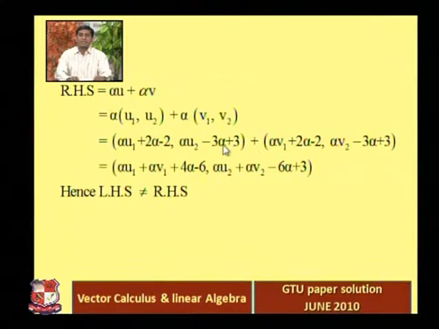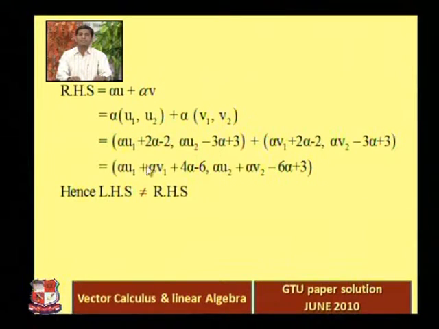And then by the definition of addition, second coordinate plus second coordinate minus 3. So you will get alpha u2 plus alpha v2 minus 3 alpha minus 3 alpha, that will become minus 6 alpha, plus 3 minus 3. So 3 minus 3 cancel out and only 3 remains. So alpha u2 plus alpha v2 minus 6 alpha plus 3.